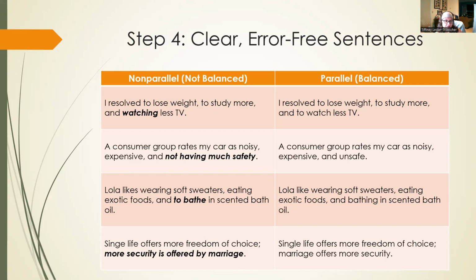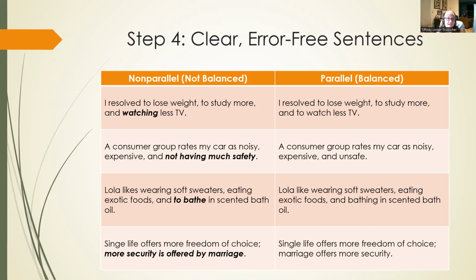And you can see where I've put in bold where the problem occurs. Because we have a list of 3 things that this person resolved to do. And they begin that list with a very specific structure: to lose weight, to study more. And then all of a sudden they switch the structure and just have and watching less TV.